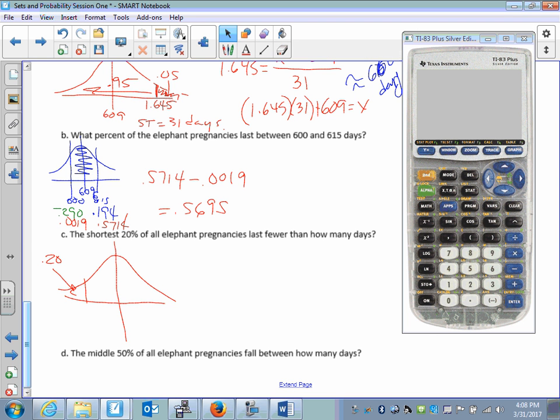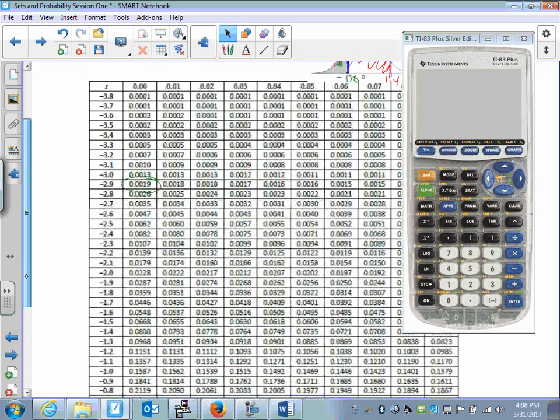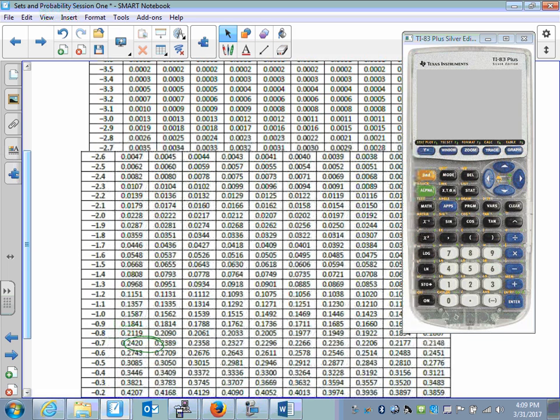So we're in the table looking for 0.20. This one looks to be the closest. We look over on the left-hand side. We have negative 0.8, 0, 1, 2, 3, 4. Negative 0.84 is the z-score.